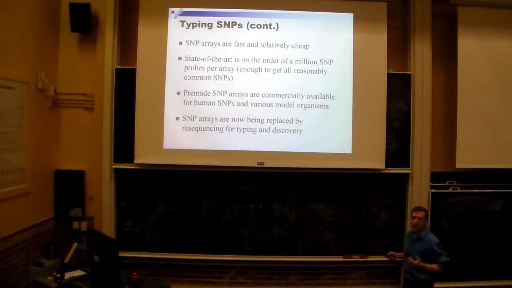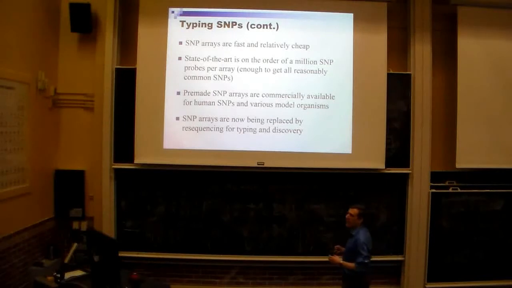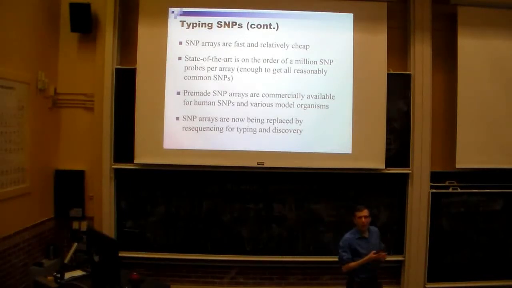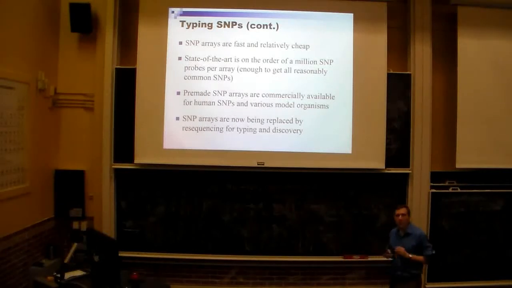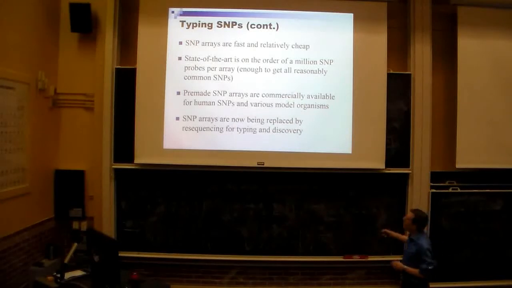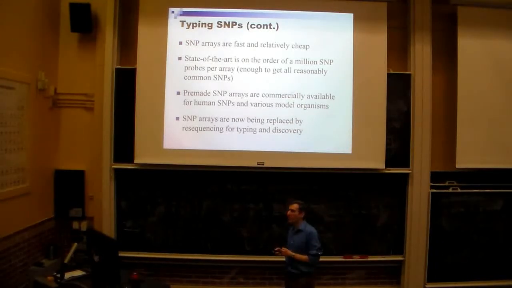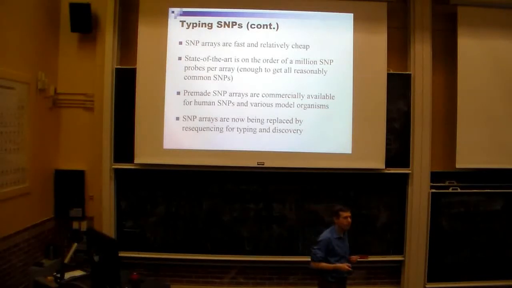Microarrays, at this point, cost on the order of a couple hundred dollars. You run this over a microarray, you image the array, and then based on the spots that have lit up, you can figure out for hundreds of thousands, potentially even millions of SNPs, which variant that person has. And that really is what began to make it possible to start systematically typing large numbers of SNPs in large numbers of people.